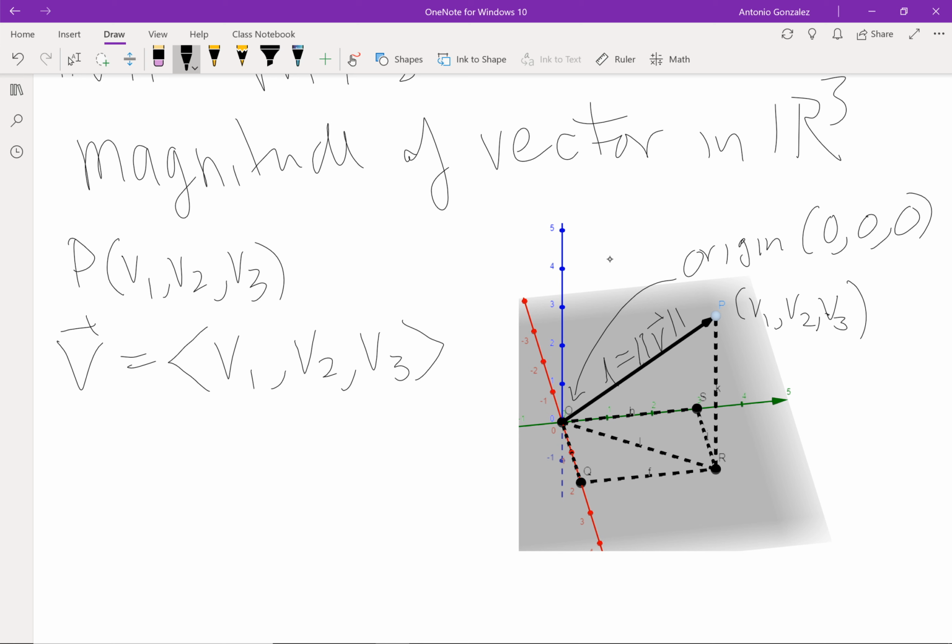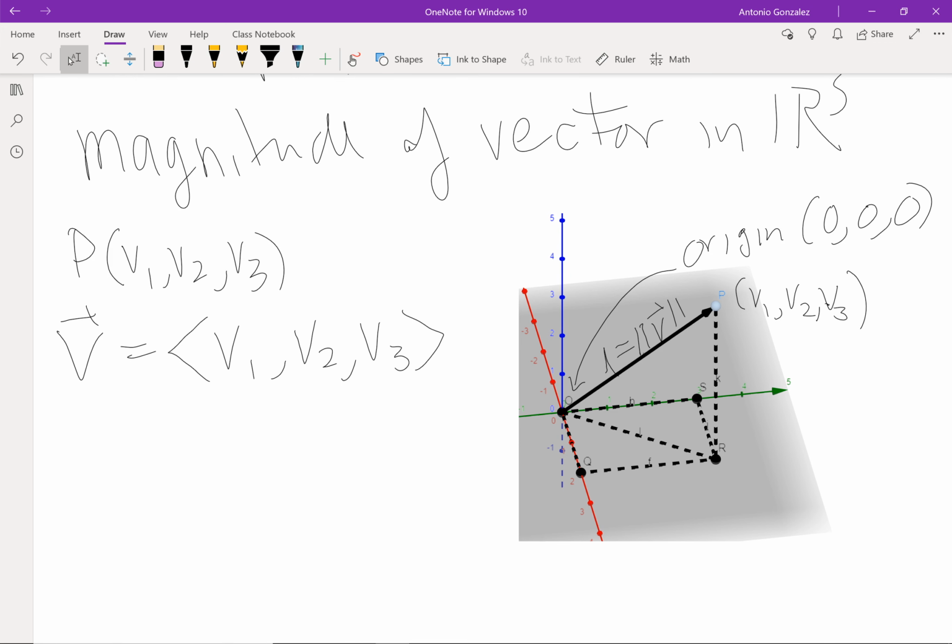Now we see the points Q, R, and S along with the origin. The point Q is on the x-axis, and here we'll just call it V1. I want to keep it as arbitrary as possible, even though it looks like I gave it a value in my graph, but let's just assume it's some value V1. If it's on the x-axis, that means the other values are 0.